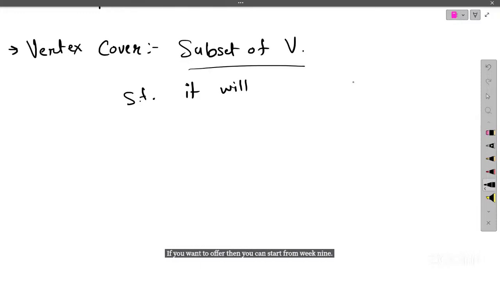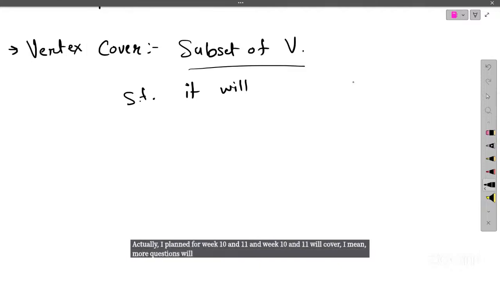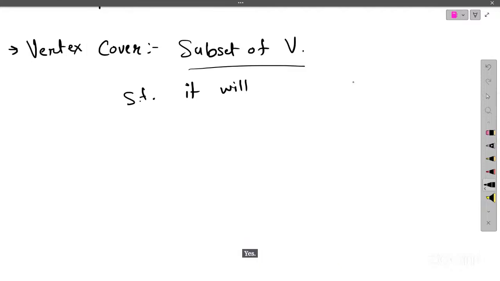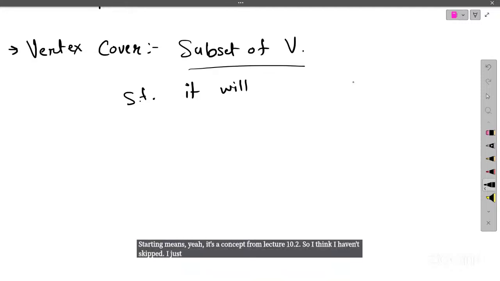Actually, I planned week 10 and 11, as more questions will be there from week 10 and 11. So ma'am, would it be better to cover from the very basics? No, it's late. Starting means, it's a concept from lecture 10.2, so I think I haven't skipped anything. I just skipped the basic definitions. I mean, you know what a graph is, what the problems are, the reachability problem, and all those things.